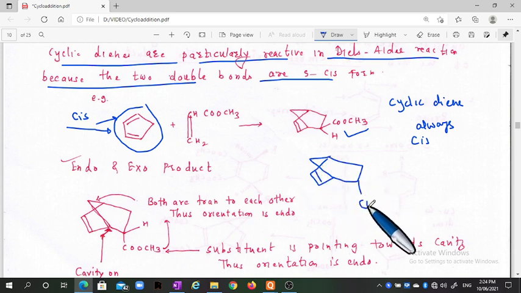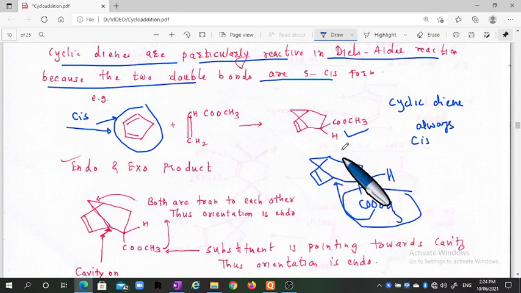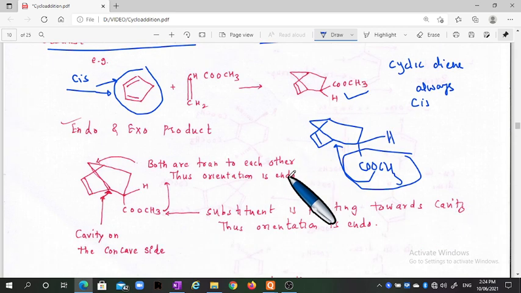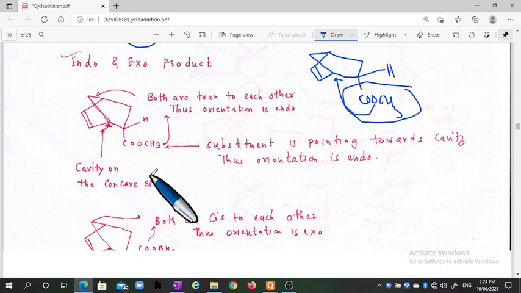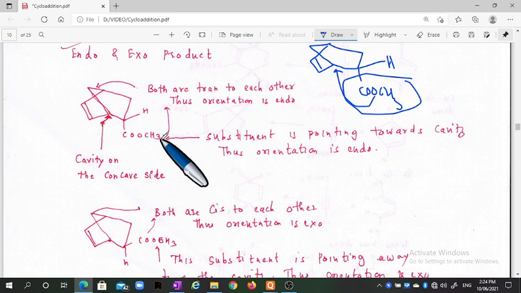COCH3 is located towards this cavity, therefore this type of product is the endo product, and this is the exo product. Here both COCH3 and this ring are trans to each other, thus orientation is endo.